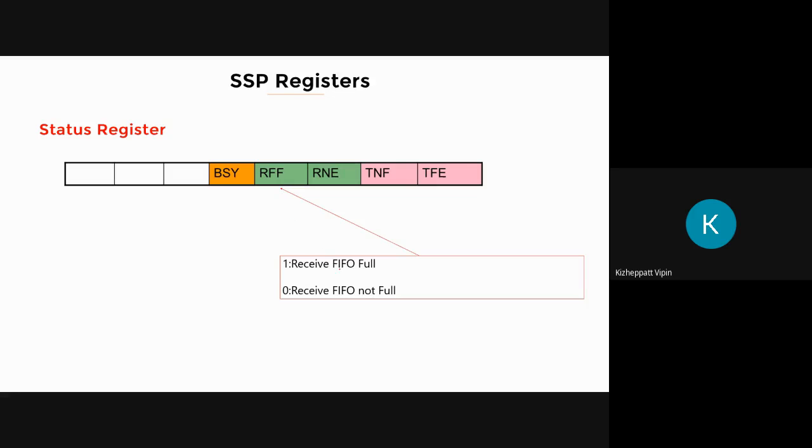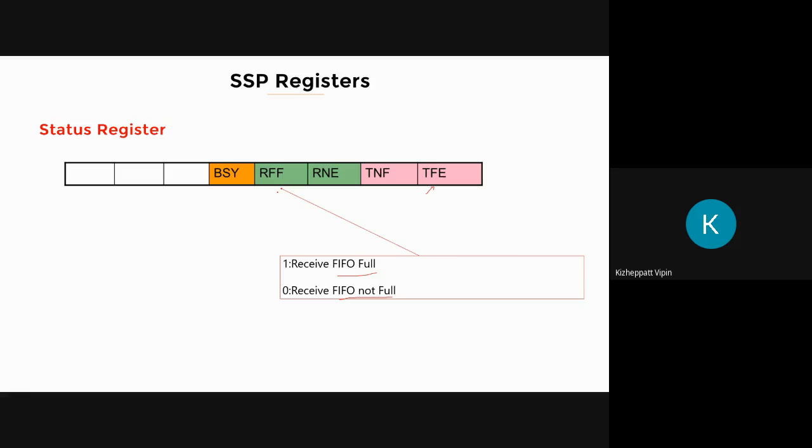Receive FIFO full, receive FIFO not full. Is there any significance? It is similar to your transmit FIFO empty.